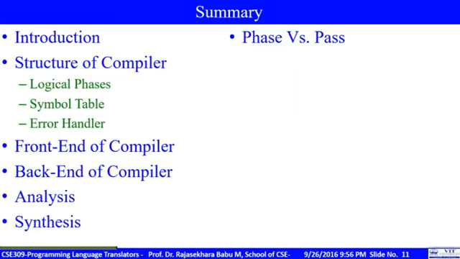Finally, coming to the summary, in this session we have discussed the introduction of the compiler. That means why the compilation process needs to be divided into 6 phases, what a phase and a pass are, what the various phases of the compiler are, what the symbol table is, and what the error handler is. We also discussed which phases are called the front end and which the back end, the analysis phase and synthesis phase, and finally the differences between phase and pass.